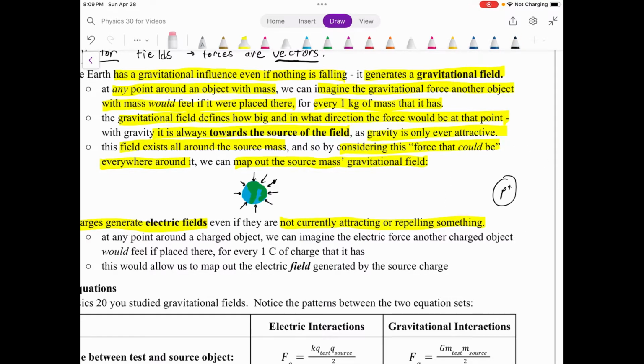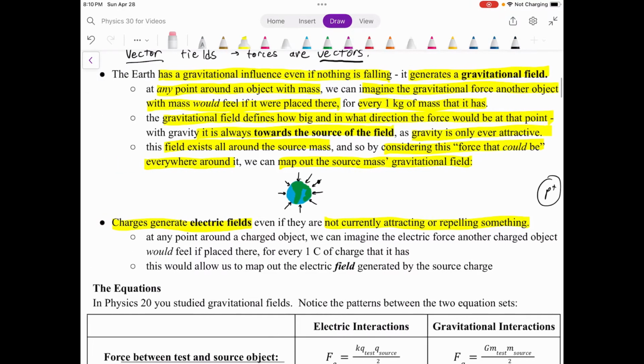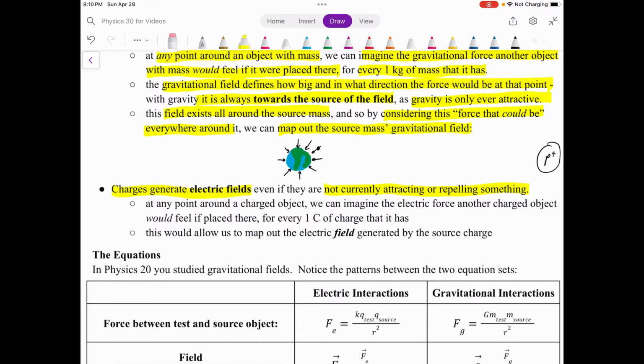And if we can quantify that, we can start talking about how many newtons of force would something feel if I put it there, even though there might not be something there now. And so at any point around a charged object, we can imagine the electric force another charged object would feel if placed there for every 1 coulomb of charge that it has. Gravity acts on things with mass.